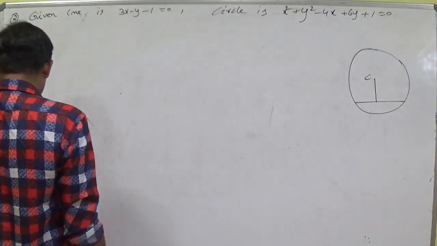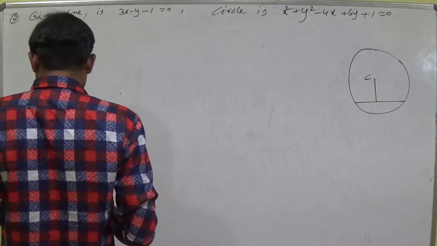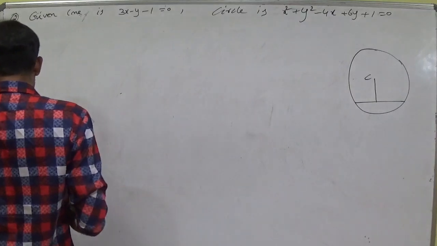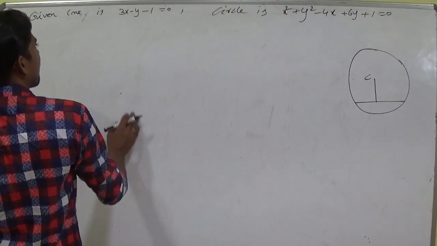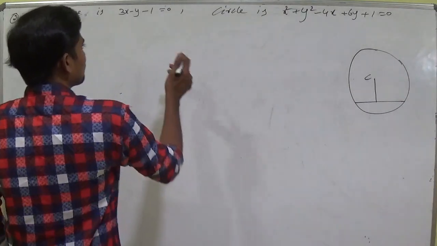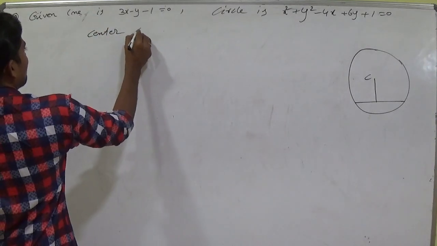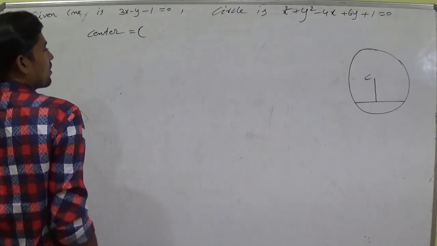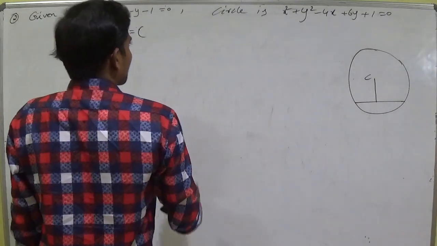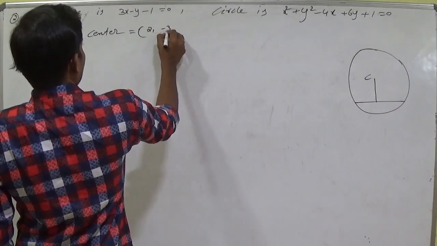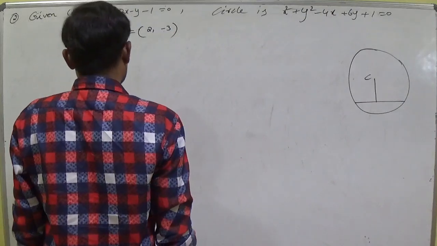Use that one, we can get it. Center equal to minus g comma minus f, so 2 comma minus 3.